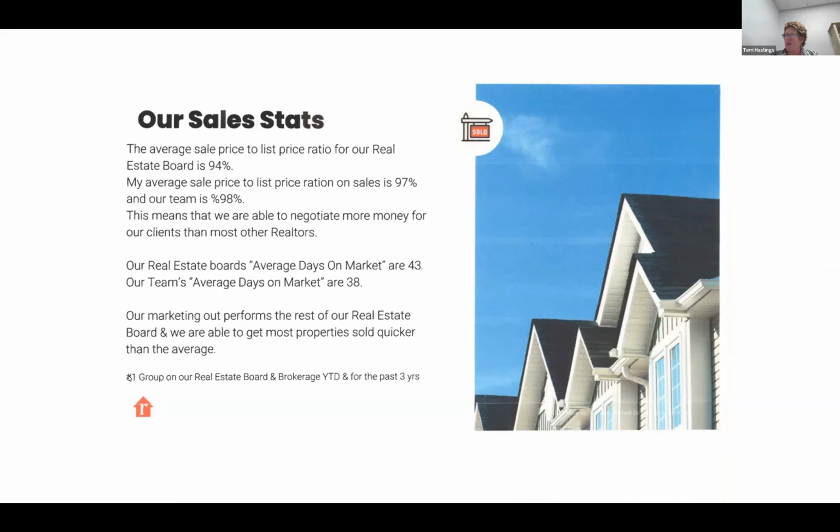Here on this screen you see number one group in our real estate board and brokerage year to date for the past 3 years. It's there, but honestly, I don't normally ever talk about being number one. In fact, I don't really know why that's there. Why don't you talk about that? I'll get to that.